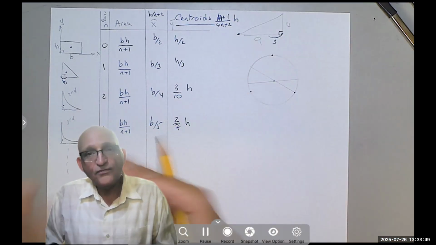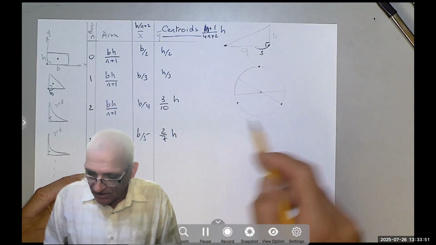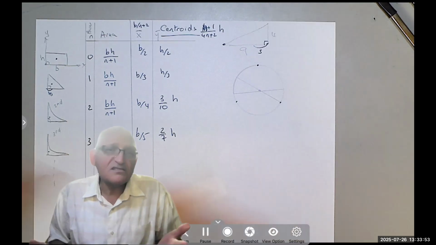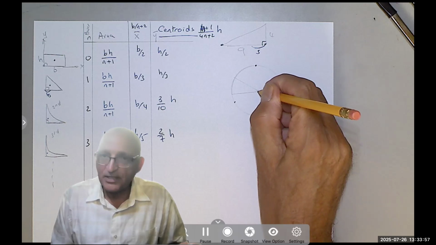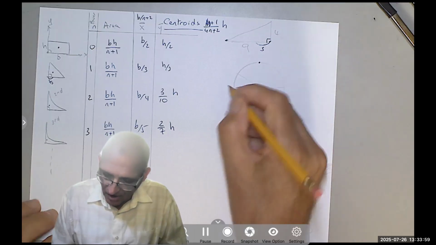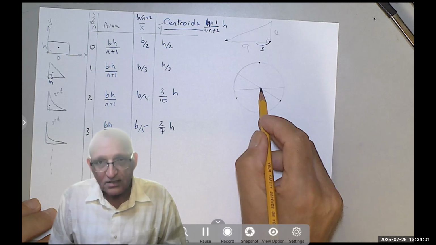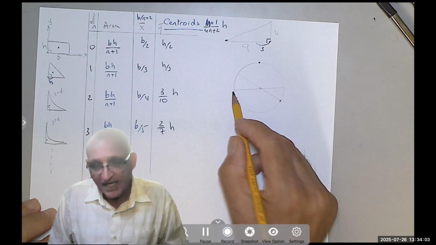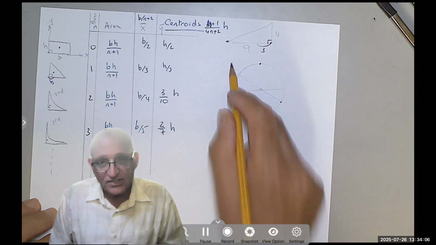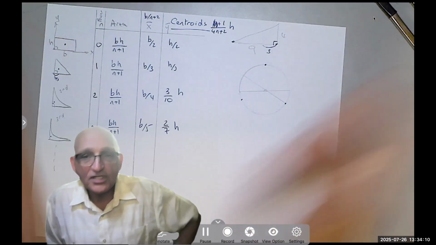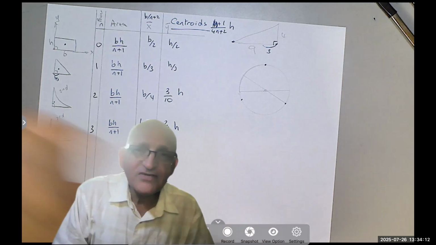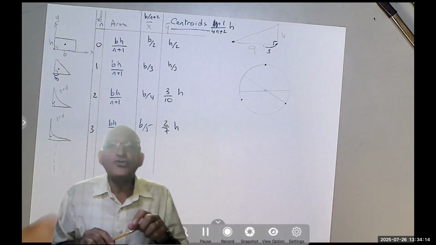Now let's move on, and we said for a circle, I know it's the center, so that's easy. If that's the origin, then x bar equals y bar equals 0. If that's the origin, then r, the radius, is the x bar, but 0 is the y bar, right? It's the intersection of axes, and so on and so forth. But what if it's not a full circle?